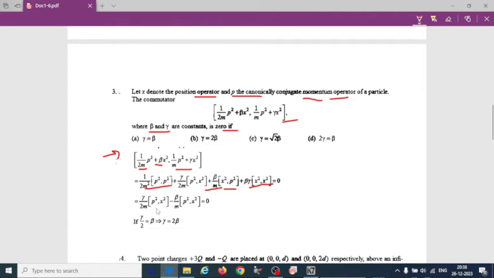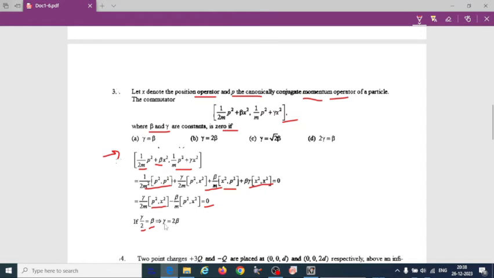Then next, p square comma x square are common. So if we write it like LHS equal to RHS, here it is 0. So if we equate, we will have here only m and m will get cancelled. Gamma divided by 2 is equal to beta.